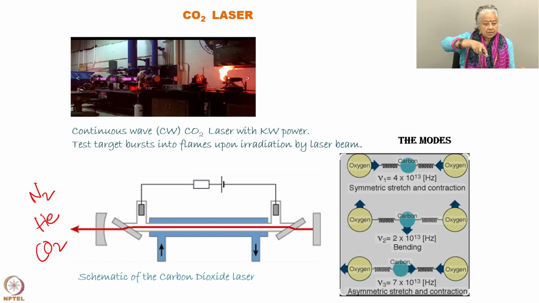CO2 is where the lasing action is taking place. We will be interested in all the energy levels of the CO2, but the nitrogen helps to get a population inversion in CO2.